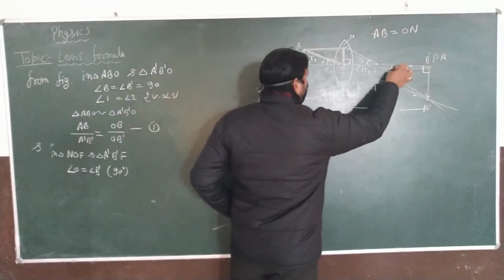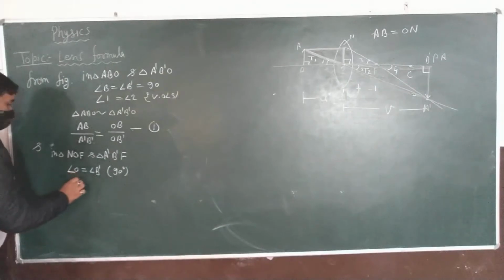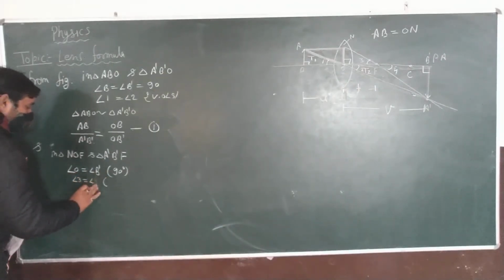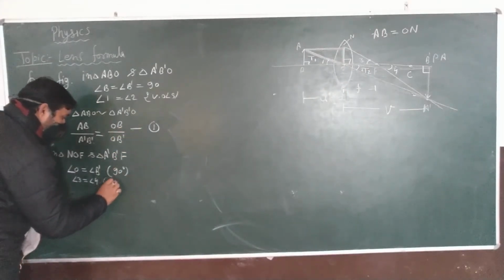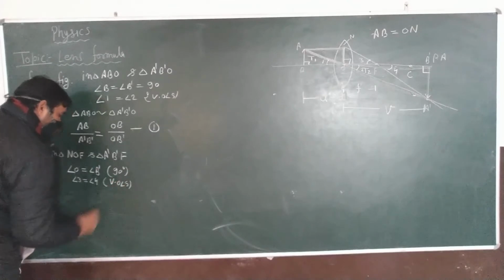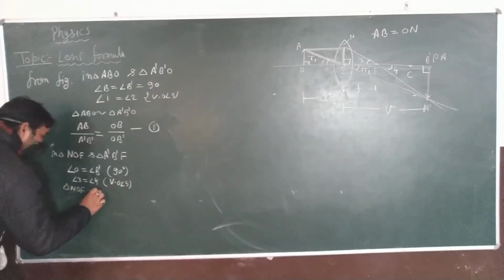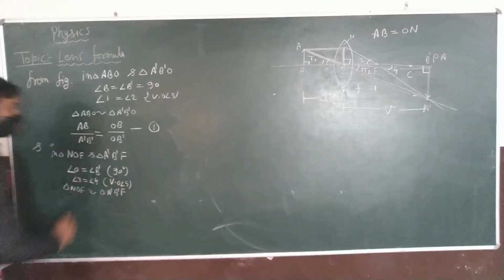This is angle 3 and this is angle 4. So angle 3 equals angle 4 because they are vertically opposite angles. Then from here, triangle NOF is similar to triangle A dash B dash F.